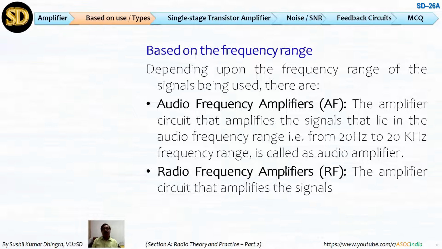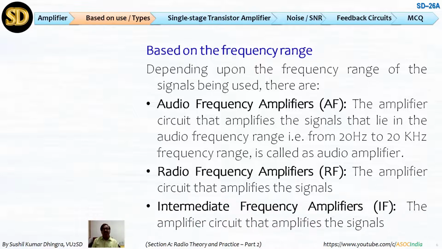Likewise there are microwave frequency amplifiers and others, and intermediate frequency in between the two. I will explain this when the radio receiver comes, not right now, but you can understand these frequencies lie in between radio frequency and audio frequency.